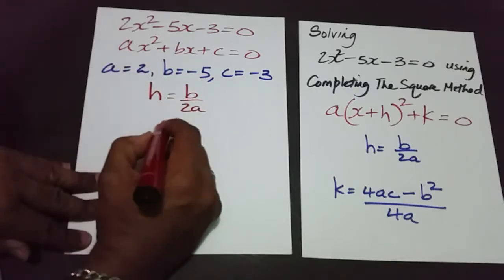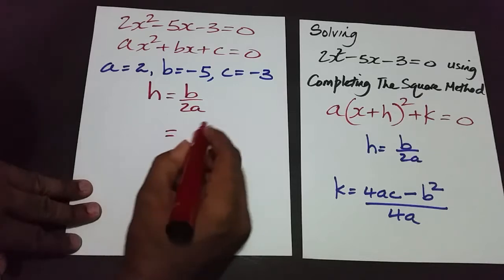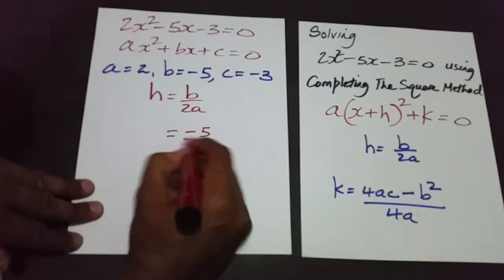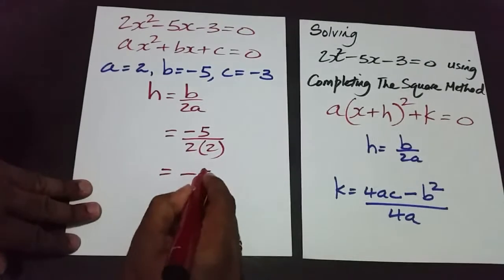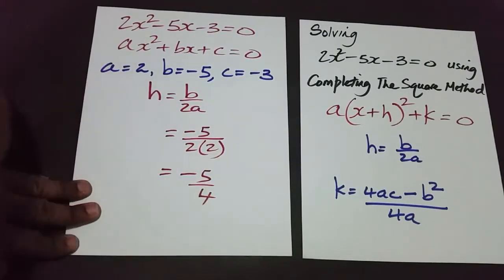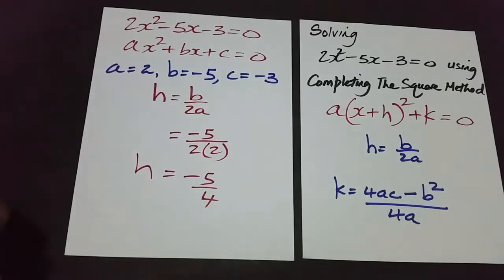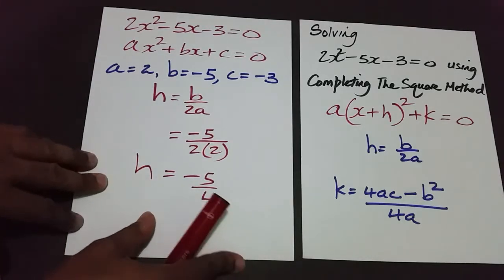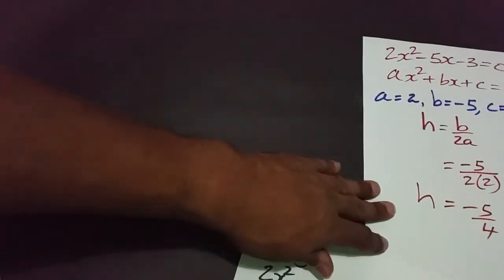We're simply going to plug in the relevant values. So h is simply going to be equal to −5 over 2 times a, and the value of a is 2. So this is going to be −5/4. So the value of h is −5/4. So we're just going to keep that over here.